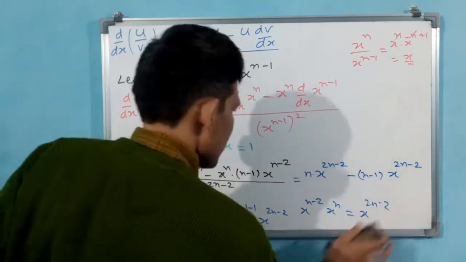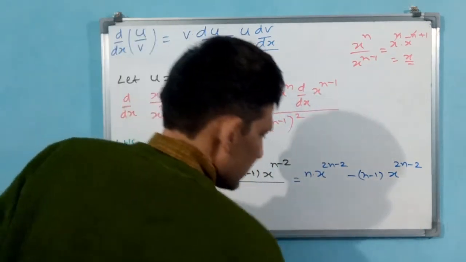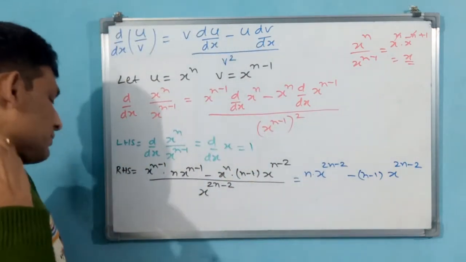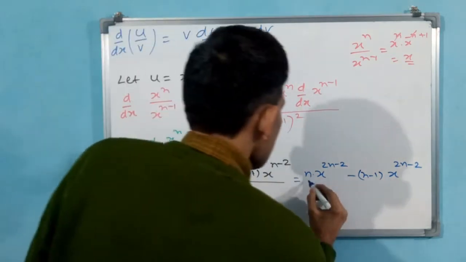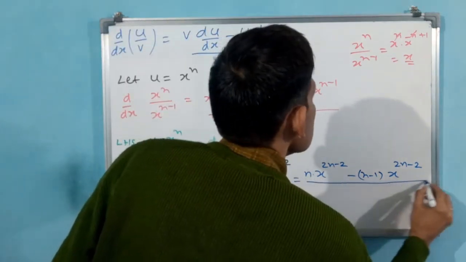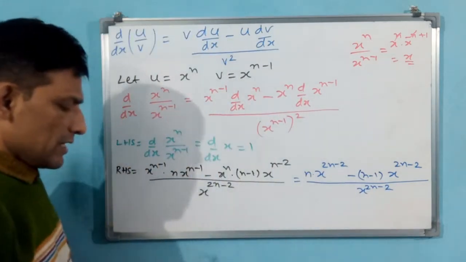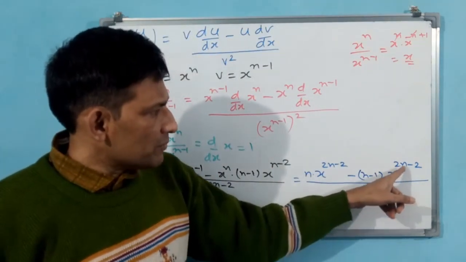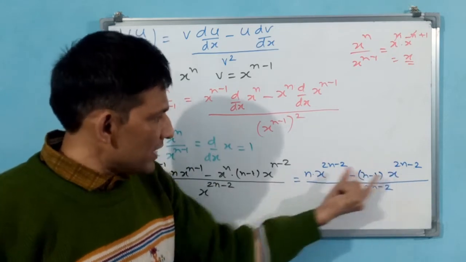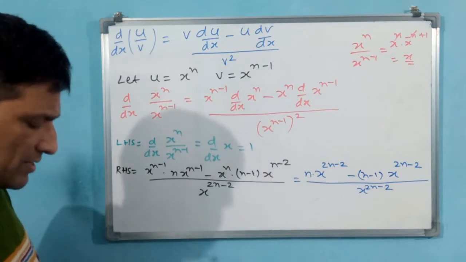This rough calculation I am removing. This is the numerator only. The denominator is x power 2n minus 2, which you have to write again. Now the numerator has x power 2n minus 2 and the denominator has x power 2n minus 2. Take x power 2n minus 2 common, then cancel out; the denominator is going to vanish.